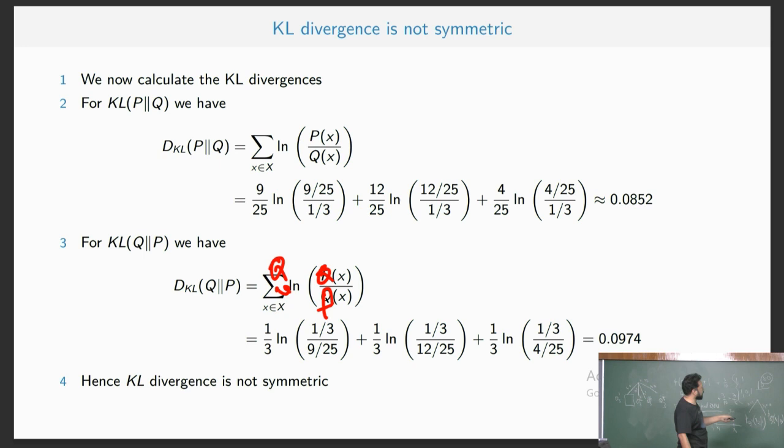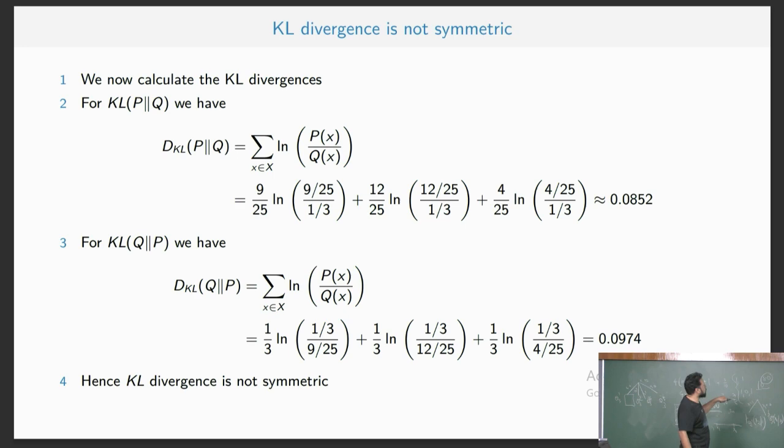There should be a typo here, because if I do Q P, then Q will be on the top, so Q divided by P, and then Q here. Okay, so there is a typo here. I will try to correct this offline. And here Px natural logarithm Px over Qx. Okay, so with this fix, let us go ahead and calculate.